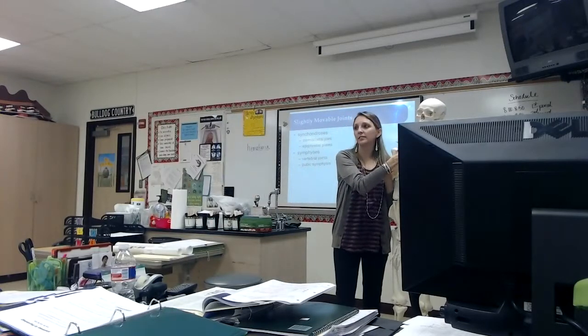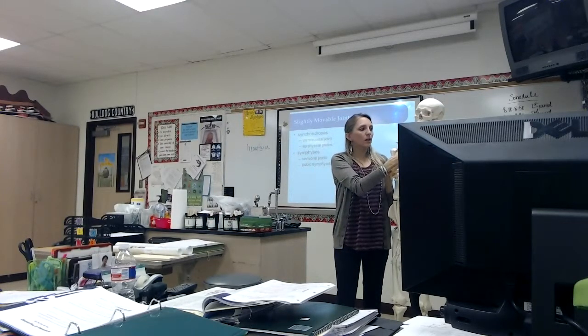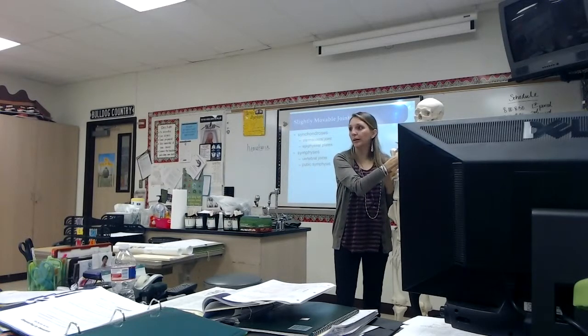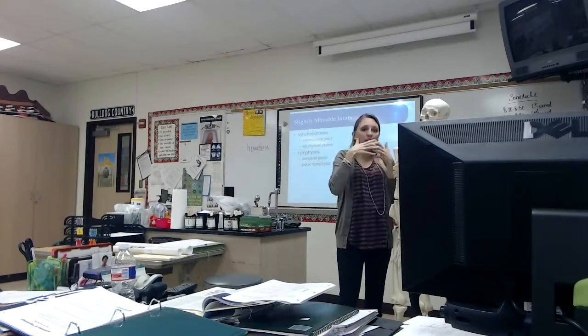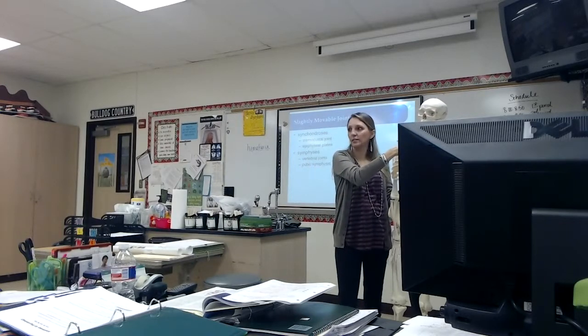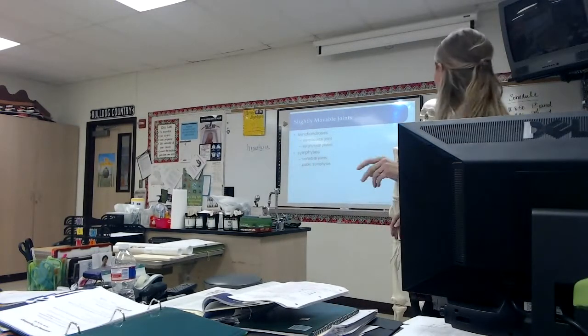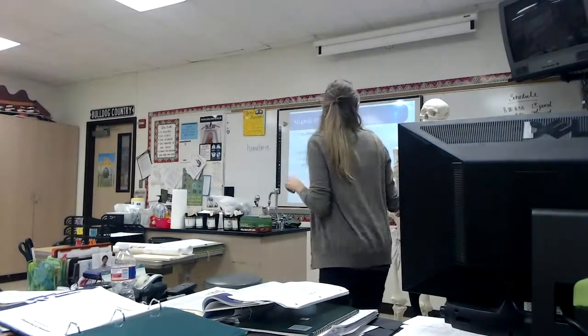So obviously it's somewhat movable, or we would not be able to do CPR. And you have to be able to breathe, right? When you breathe in, your chest rises, so that's the movement of those joints. Okay. And then epiphyseal plates, we know, are what?